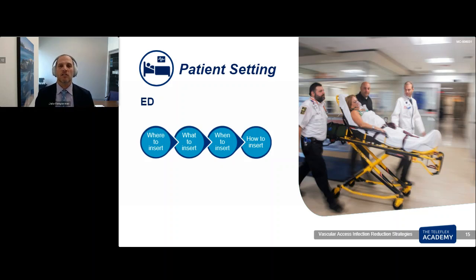Those are designed to be placed converting a peripheral IV using the Seldinger technique to a larger bore, very large bore peripheral IV. And they are great for resuscitation. Remember, we can much quicker get flow through something that is short and fat than something that's long and skinny.